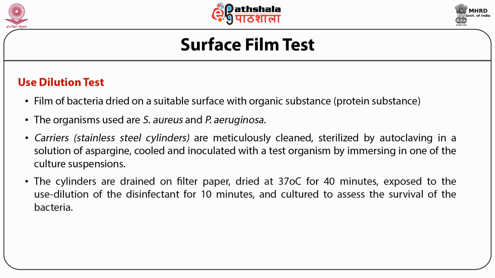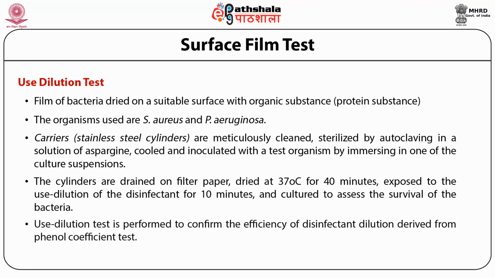The cylinders are drained on filter papers, dried at 37 degrees centigrade for 40 minutes, exposed to the use dilutions of disinfectants for 10 minutes, and cultured to assess the survival of the bacteria.